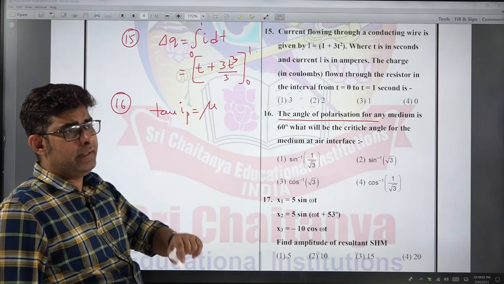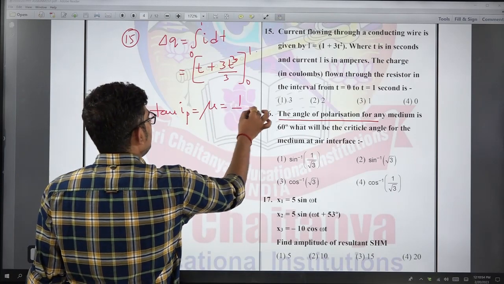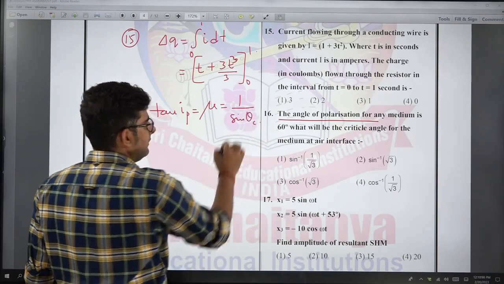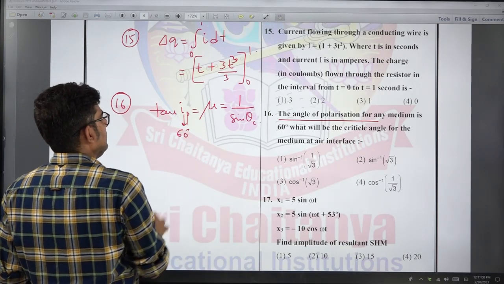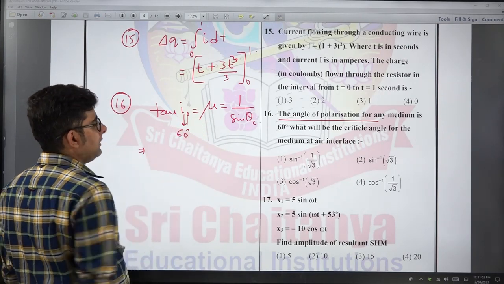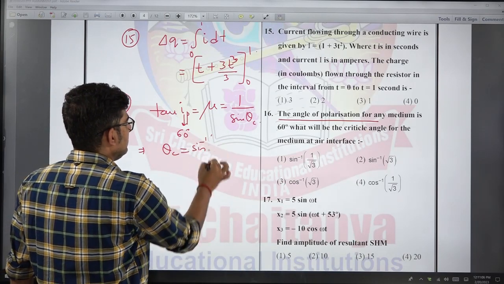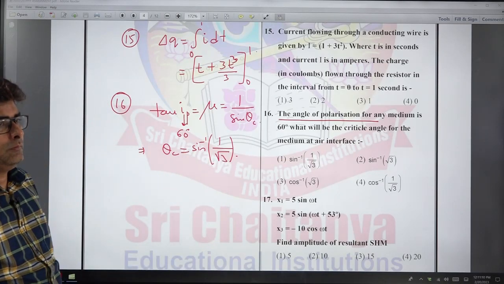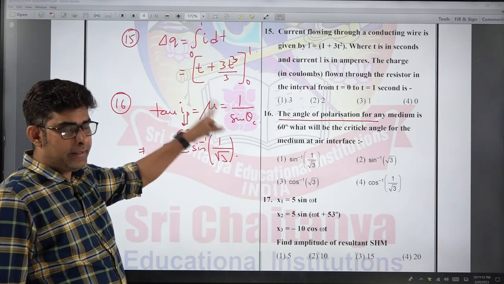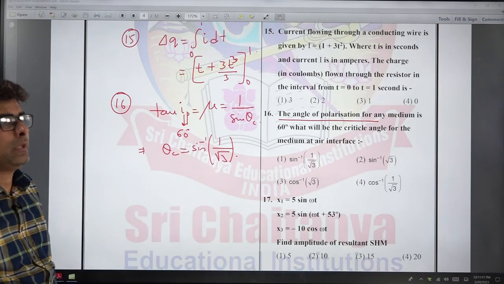But what they are asking is critical angle. So critical angle, we know mu is also equals to 1 by sin theta c. That's it. What is IP given as? 60 degree. So sin theta c will be 1 by root 3. So theta c will be sin inverse 1 by root 3. Tan 60 is root 3. So sin theta c will be 1 by root 3. Clear?